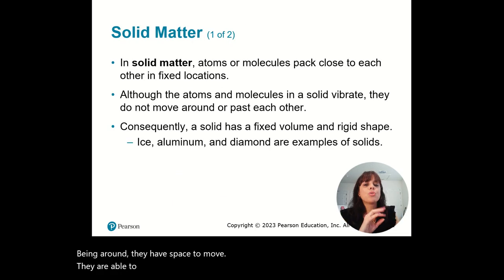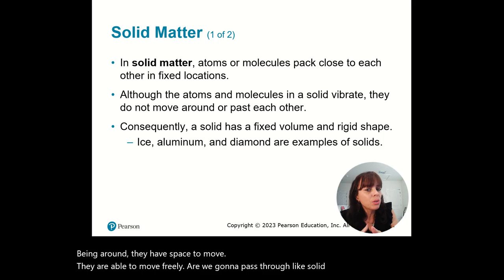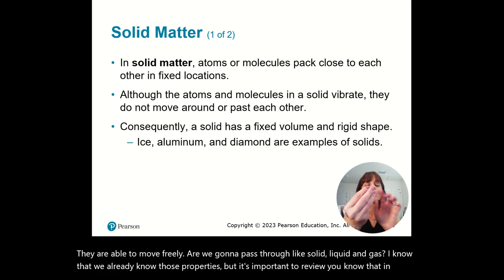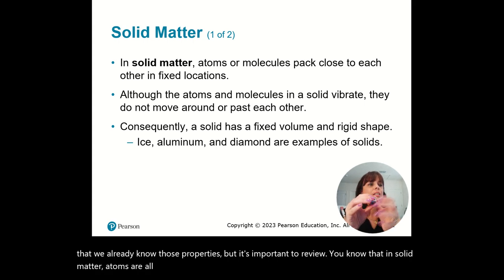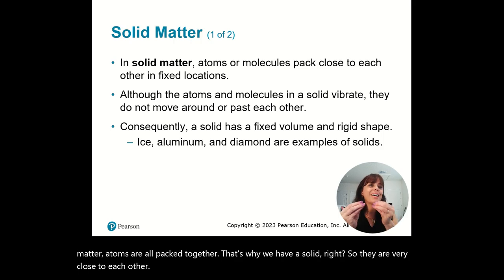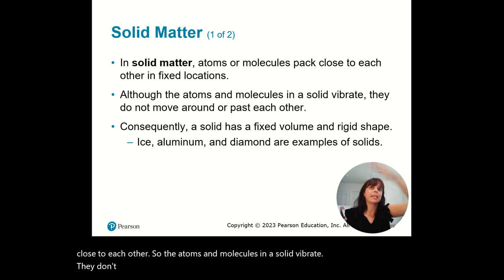We're going to go through solid, liquid, and gas. I know that you already know those properties, but it's important to review. In solid matter, atoms are all packed together. That's why we have a solid, right? They are very close to each other. So the atoms and molecules in a solid vibrate. They don't move around passing each other like in a gas.